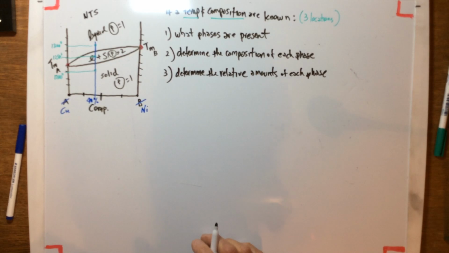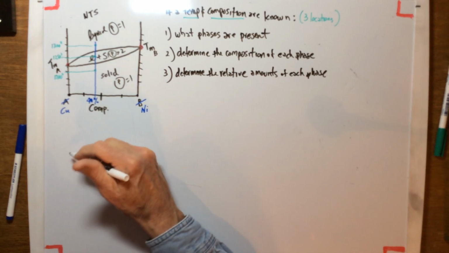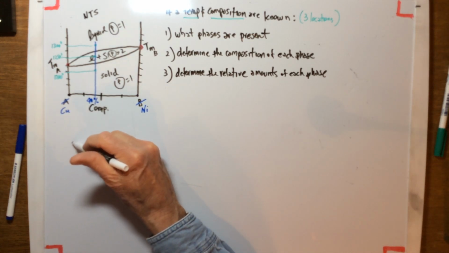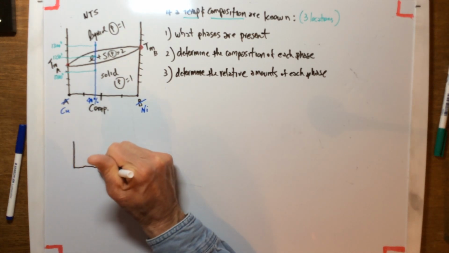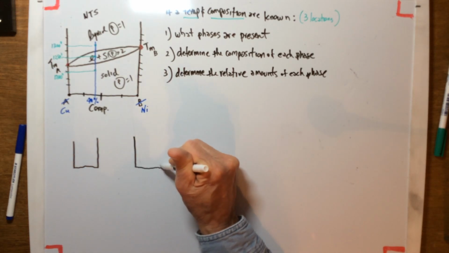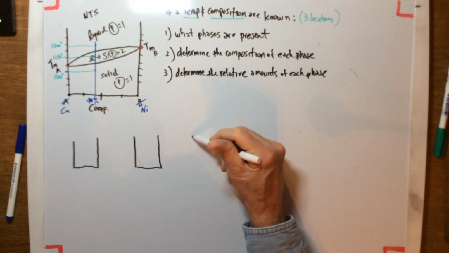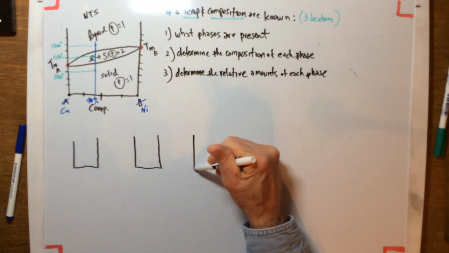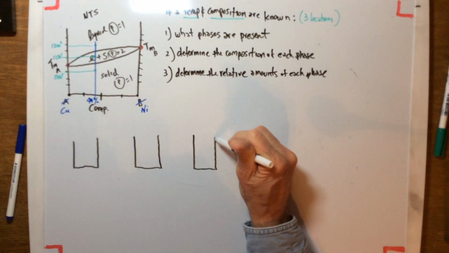Okay, now what we're going to do is have what I call three crucibles, something you can put liquid metals into.